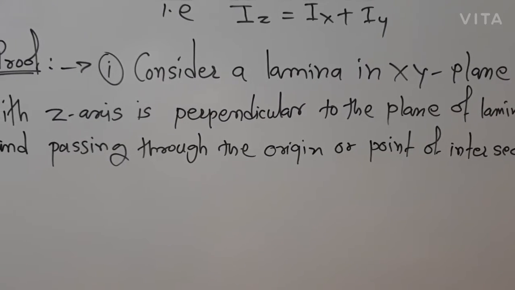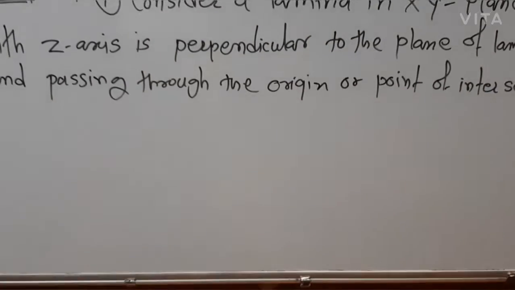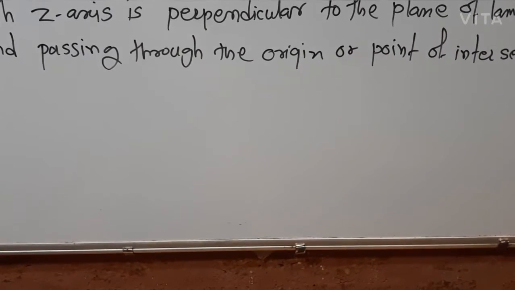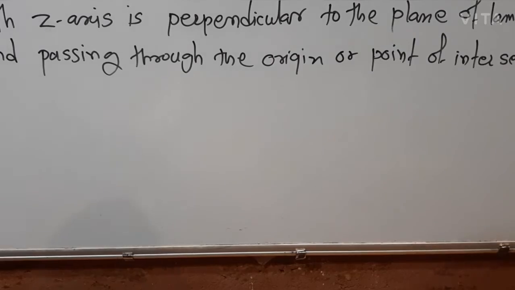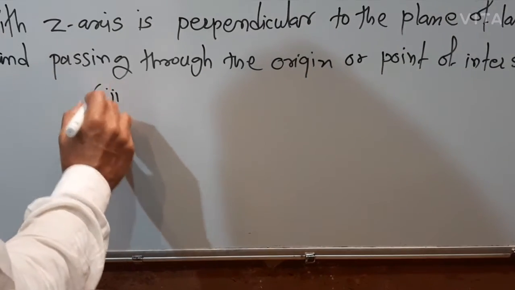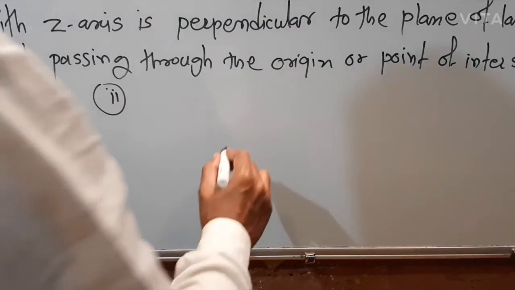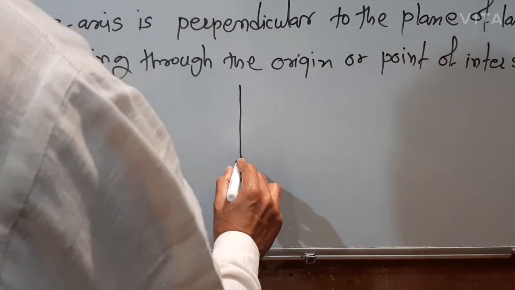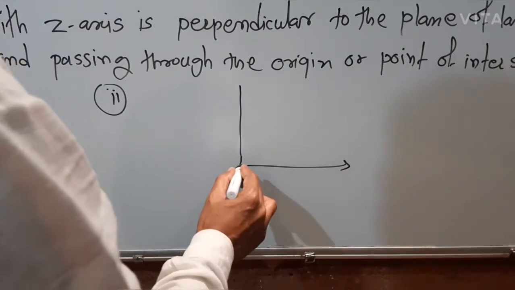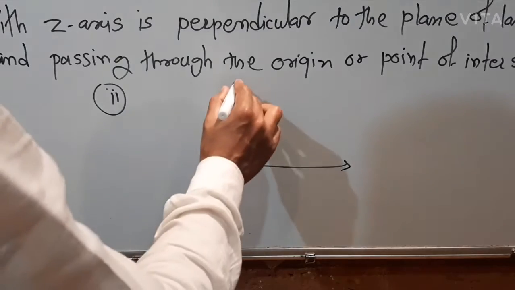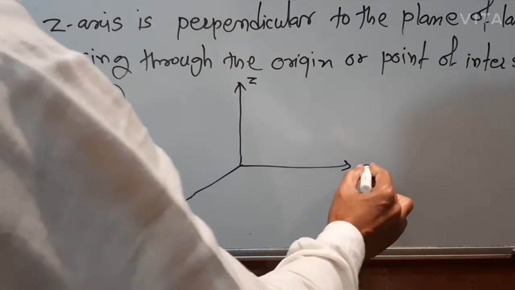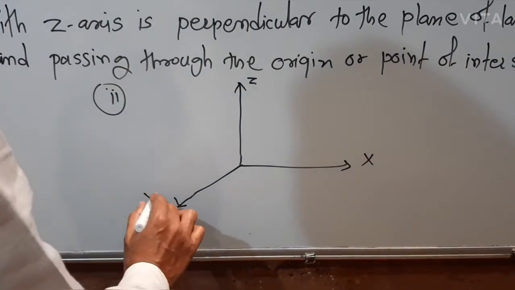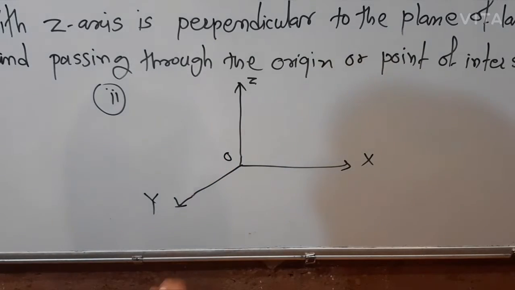Now we are going to represent this consideration in a diagram. These are our three axes. This is the Z axis, this is the X axis, this is Y, and this is the origin.